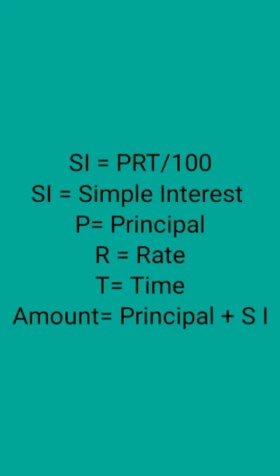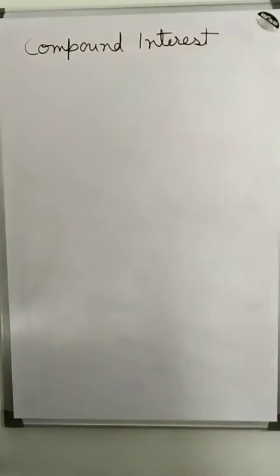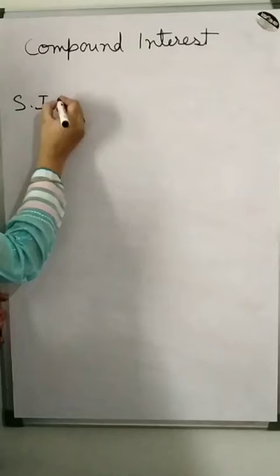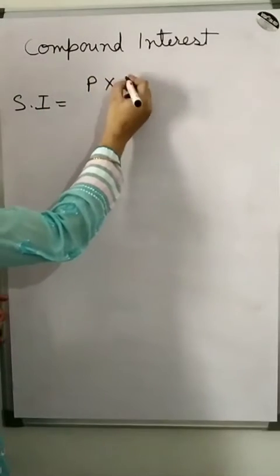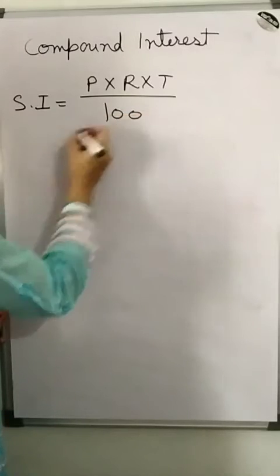Next I explain compound interest with the formula of simple interest. Just see the formula. Simple interest SI is equivalent to PRT upon 100.